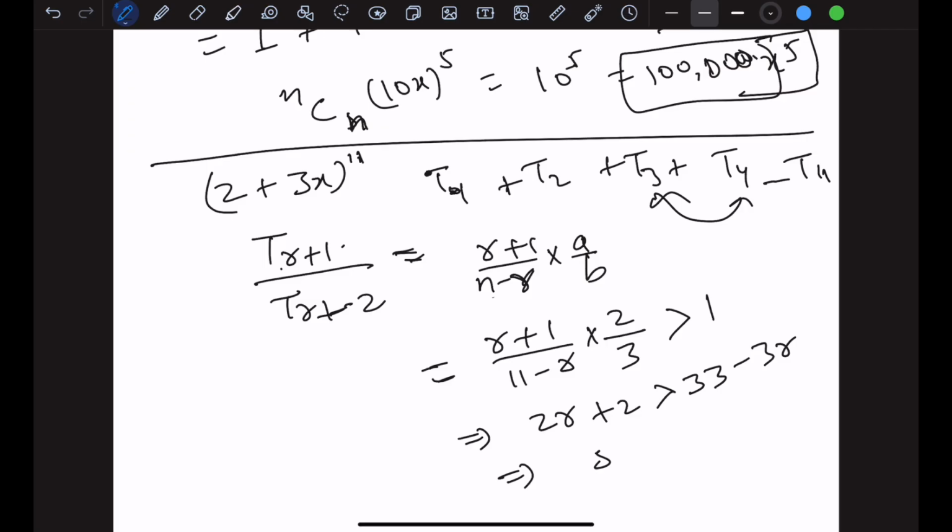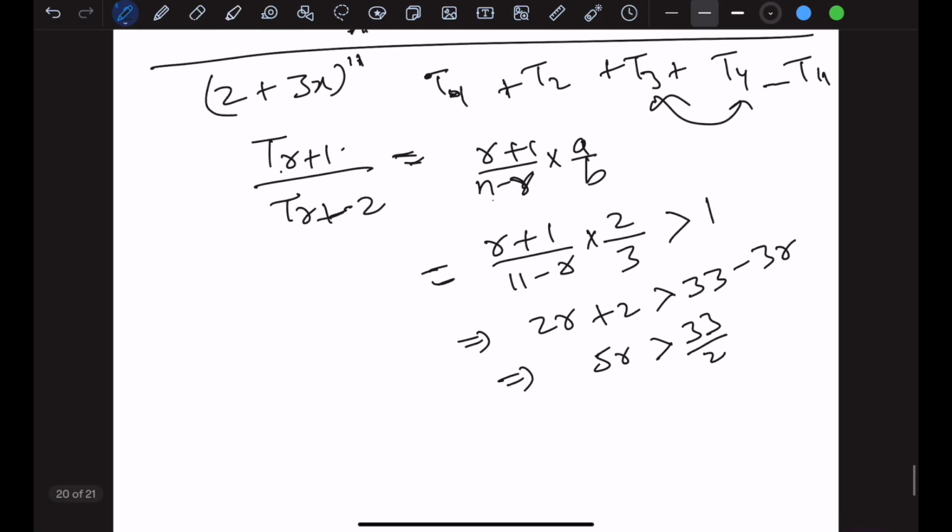If I bring it here, it's like 5R greater than 33 minus 2, which is 31. So R should be greater than 31 by 5, which is 6 point something. So R has to be greater than 6.2. That means R is equal to 7, right? Because it's only an integer.